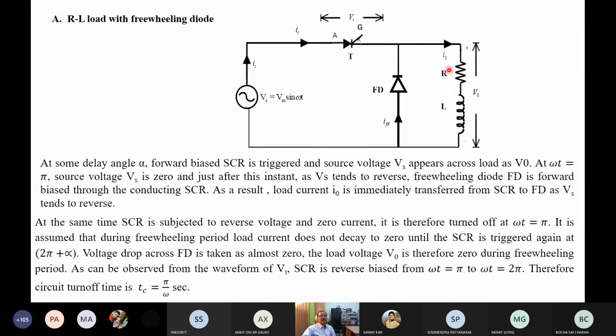That is why it is a freewheeling diode, providing a freewheeling path for the stored energy in the inductor to be released and dissipated in the circuit resistance. When the diode is conducting, we have assumed that switches are ideal, so voltage drop is 0. It provides almost a short circuit. During the freewheeling period, the load voltage is 0, but current will start falling.